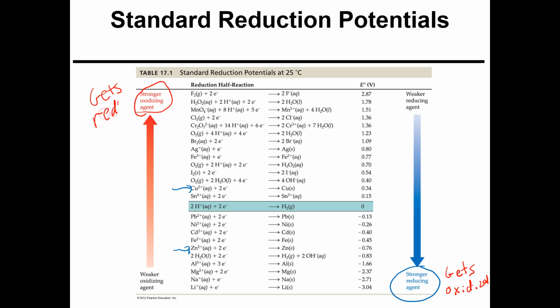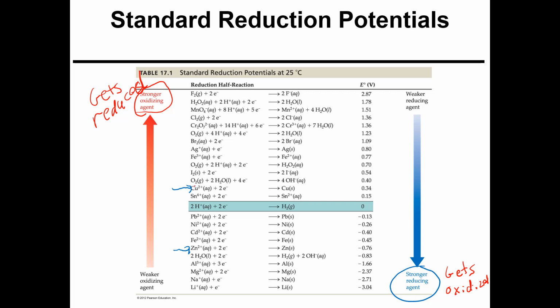So remember, an oxidizing agent is causing something else to be oxidized. If it's causing something else to be oxidized, that means it is getting reduced. The reducing agent is causing something else to be reduced, therefore it is the one that gets oxidized.